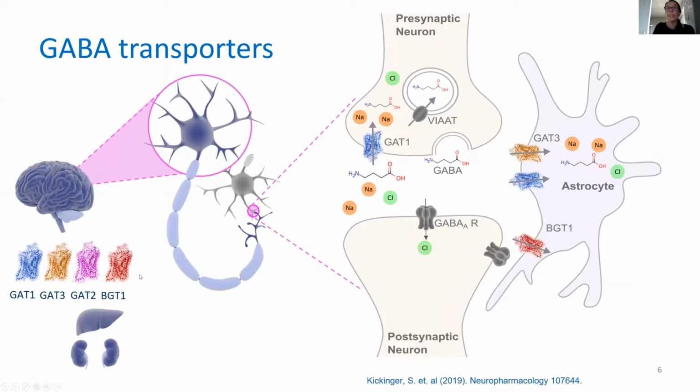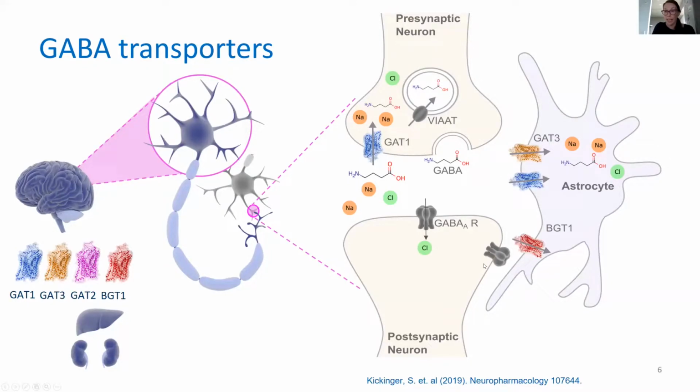And particularly, we think that BGT1, the betaine GABA transporter, which is located at extrasynaptic sites, so in astrocytes, close to these extrasynaptic GABA-A receptors, is a particularly interesting target, because once we inhibit GABA uptake here, we can increase the GABA levels around these extrasynaptic GABA-A receptors, and this can then result in what we call tonic inhibition, so a permanent inhibition, which could be very helpful for treating epilepsy.